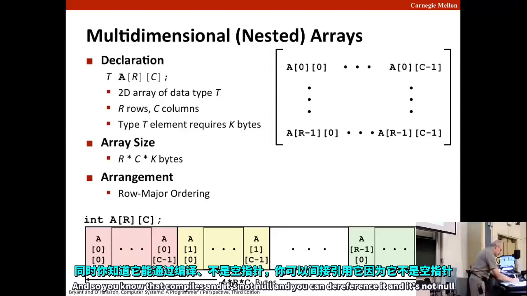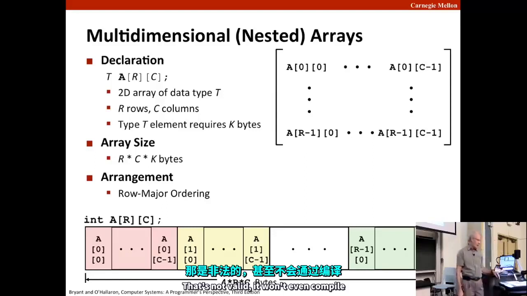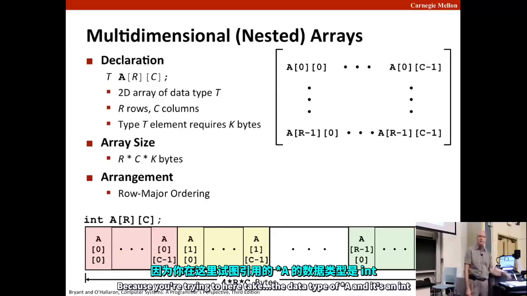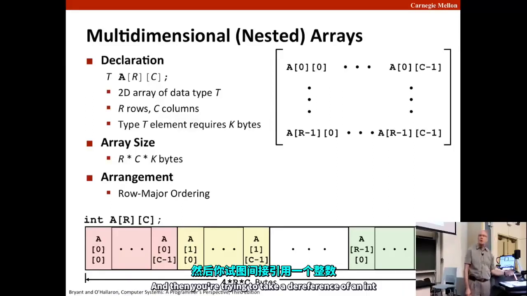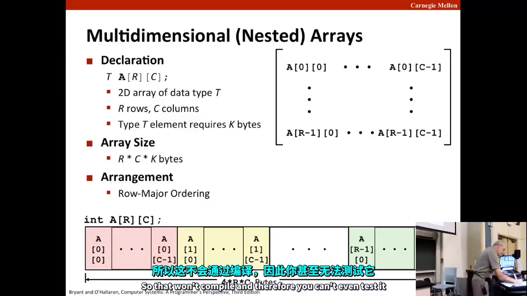And so you know that compiles, and it's not null. And you can dereference it, and it's not null. But if you tried to say star star A1, that's not valid. It won't even compile, because the data type of star A1 is int, and then you're trying to dereference an int. So that won't compile, and therefore you can't even test it.